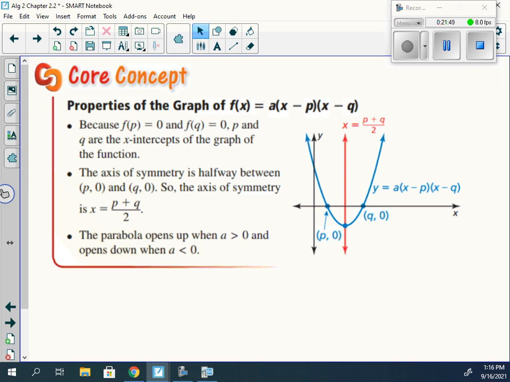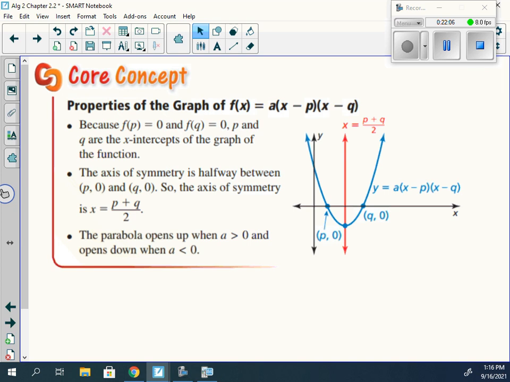Now, it also works out that these intercepts are the exact distance apart from the axis of symmetry. The distance from the axis of symmetry to each one of these intercepts will be the exact same.